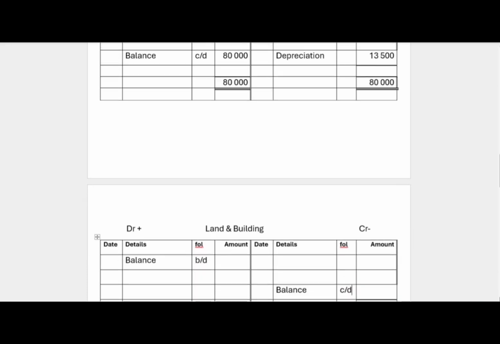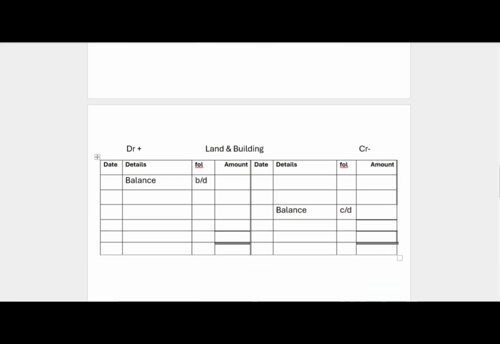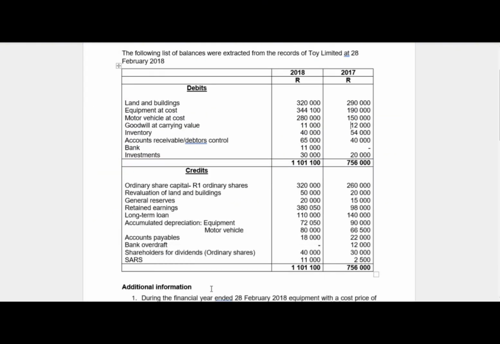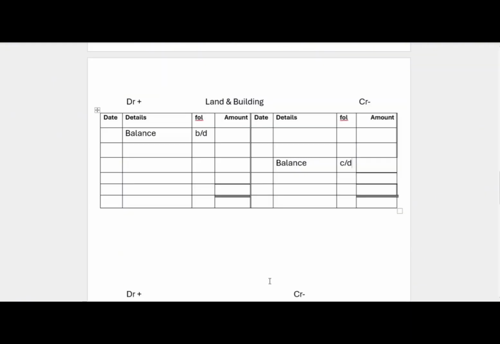All right, so let's start with the land and buildings right there. Our land and buildings, we're going to check the opening. The opening balance is 290,000 and the end is 320. Opening 290, closing 320. All right, so let's go to the answer sheet. Opening 290,000, closing 320,000, right?